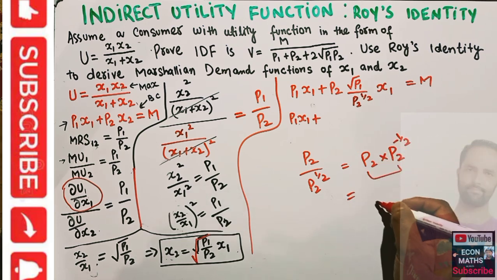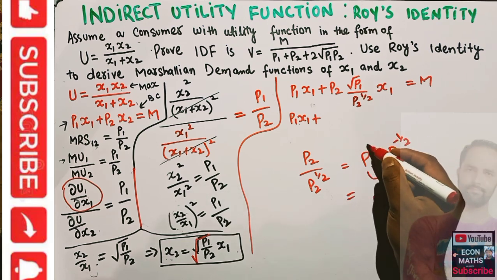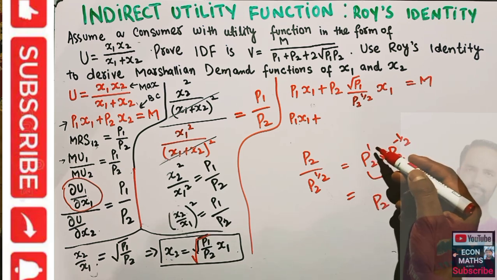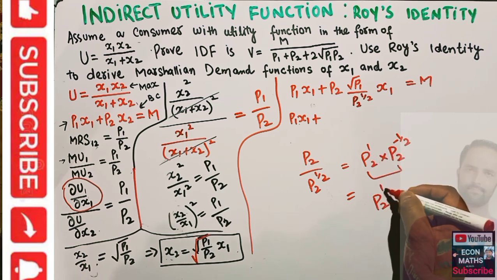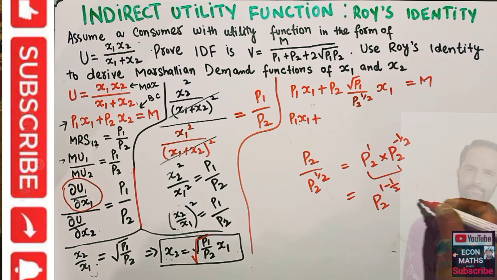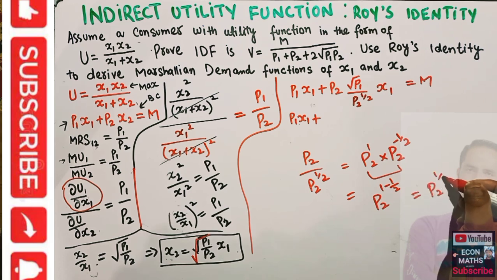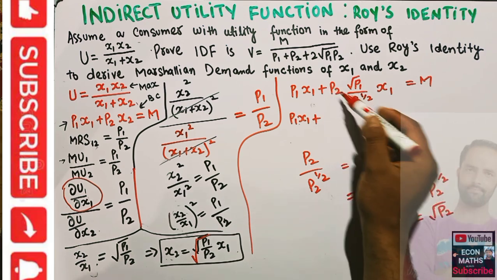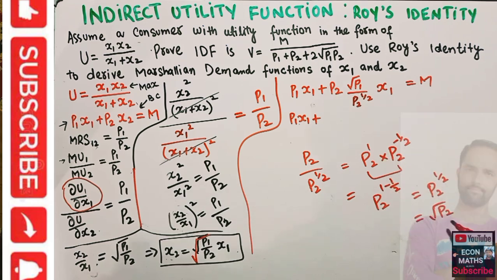We have same terms, so we have p2, we can add up the exponents, so we have 1 minus 1 upon 2, which will come out to be p2 raised to the power 1 upon 2, which will be p2 again. Okay, so we are again left with p2. So in place of this, when we solve these two things here, I will get p2.